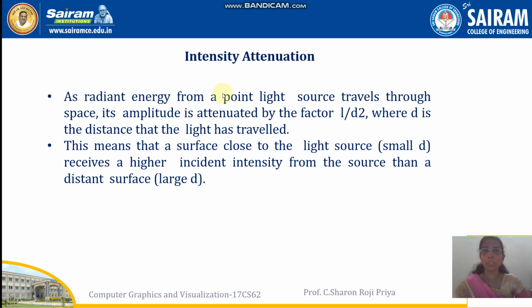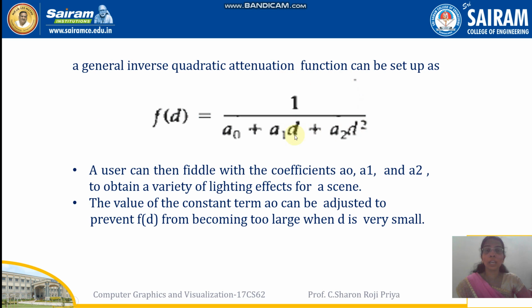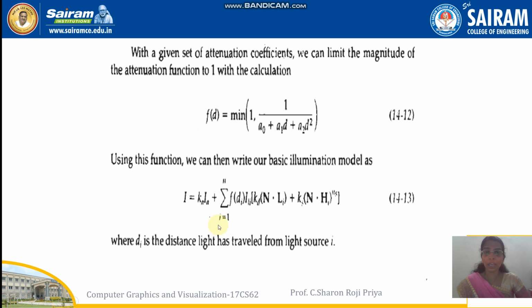When the light from the point light source travels through space, there will be attenuation in its amplitude. So while writing the intensity of specular reflection, I have to consider this attenuation also. So I'll write a quadratic attenuation formula, and I have to include this f_d in the final Phong equation.